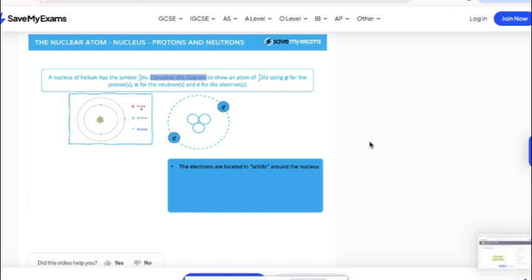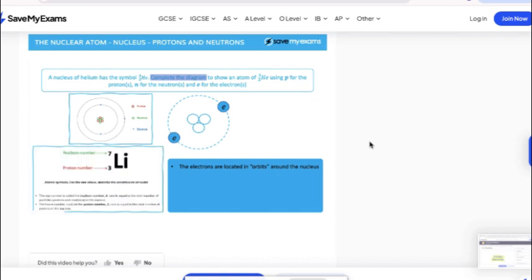The next part is the neutrons and the protons, and that means we need to understand what these numbers mean, the 3 and the 2 with the He for helium. As a reminder of the theory, this is the example of lithium: the number at the top is called the nucleon number, and the number at the bottom is called the proton number.